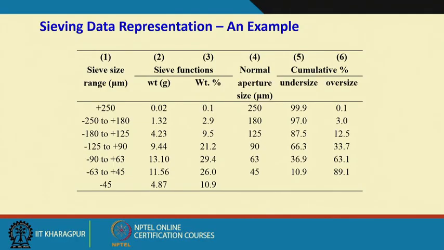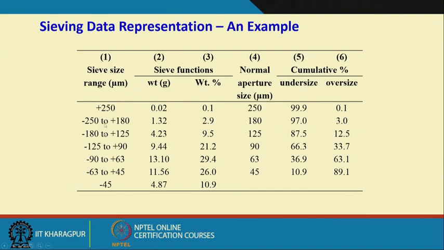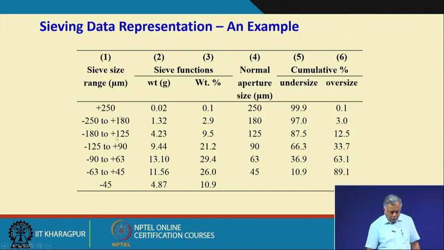Suppose I have performed a size analysis using sieves in my laboratory for a specific material. In the sieve data I have got, I started with a 250 micrometer sieve, the coarsest one, and the finest one was 45 micrometer.